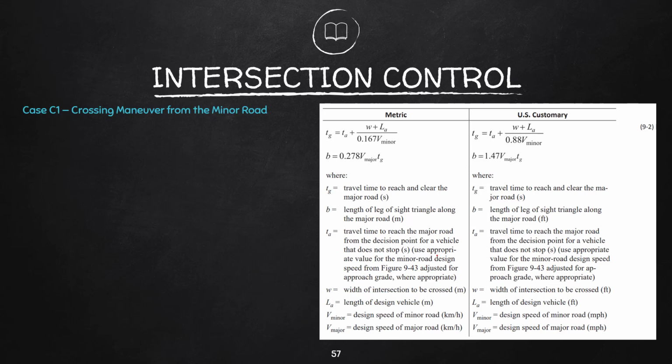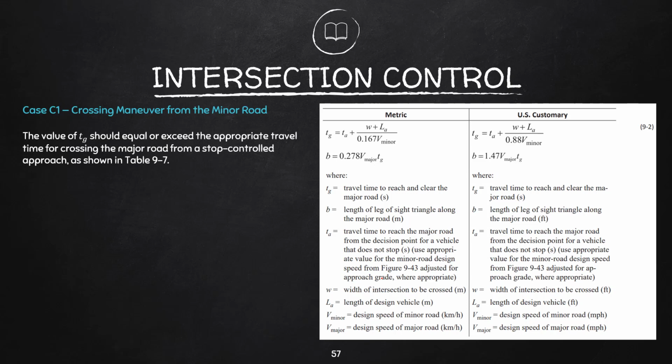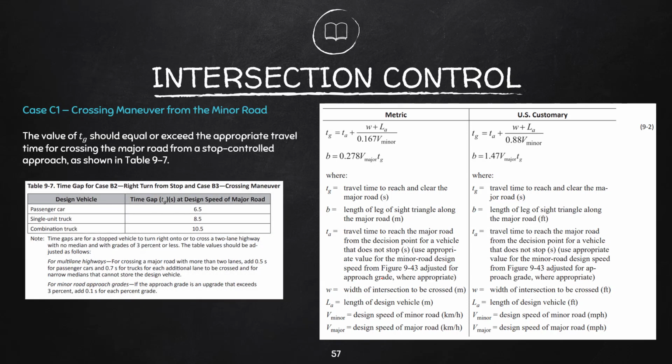Use appropriate value for the minor road design speed from figure 9-43 adjusted for each approach grade where appropriate. W is the width of the intersection to be crossed. La is the length of the design vehicle, and V minor is the design speed for the minor road, and V major is the design speed for the major road. So using this formula, that is just direct substitution, you can compute for the Tg required.